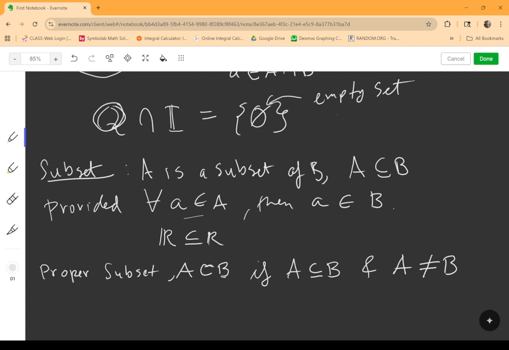Now, here this notion of equality for sets, how do we define that? The way we define that is that in order for two sets to be equal, all the elements of A must be in B as well.